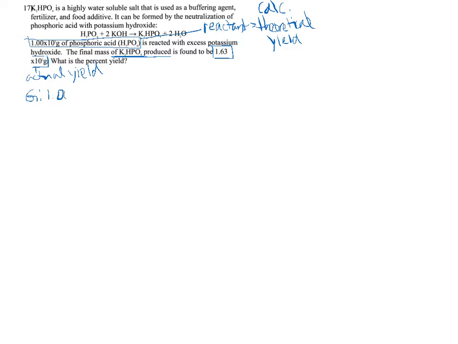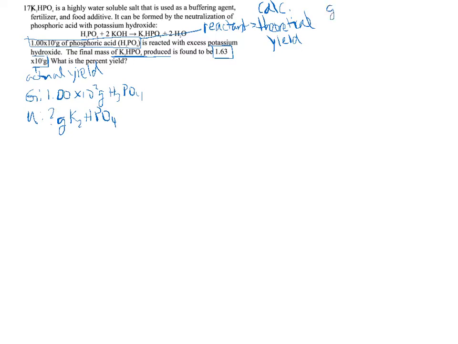So our given is 1.00 times 10 to the second grams of phosphoric acid, H3PO4. Our unknown is how many grams of K2HPO4 we can produce. So how do we get there?